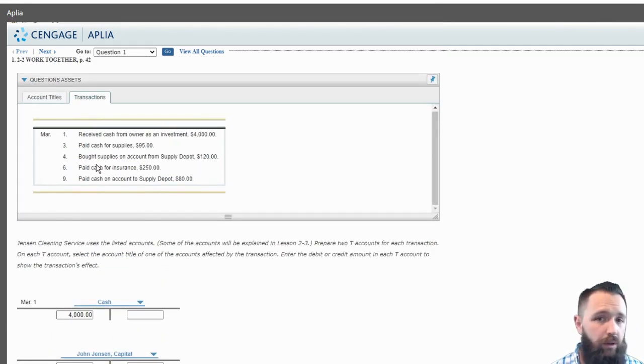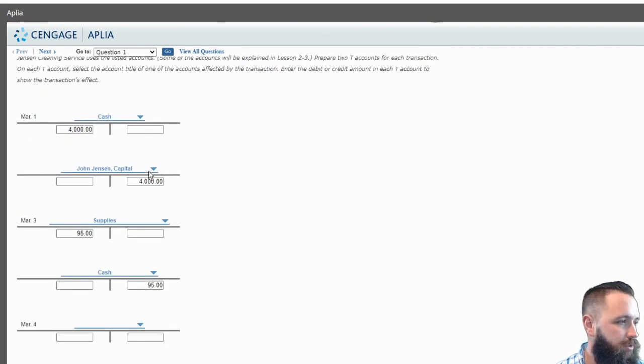For the 4th, we bought supplies on account from Supply Depot. So right away, we look at this and we go, what accounts are affected? Well, supplies, and then it looks like we bought something on account, so we have an accounts payable. What goes up? Both of them go up, right? But supplies is an asset, and we know to increase an asset, we have to debit it.